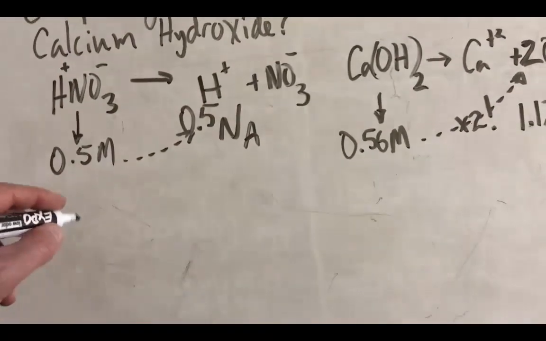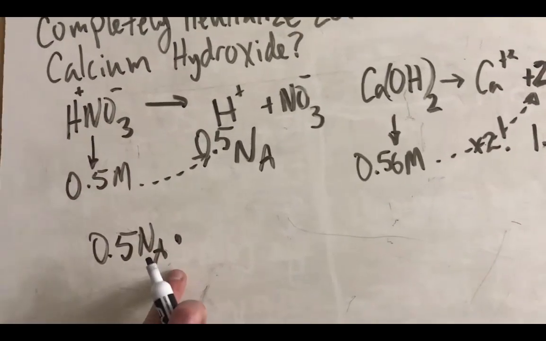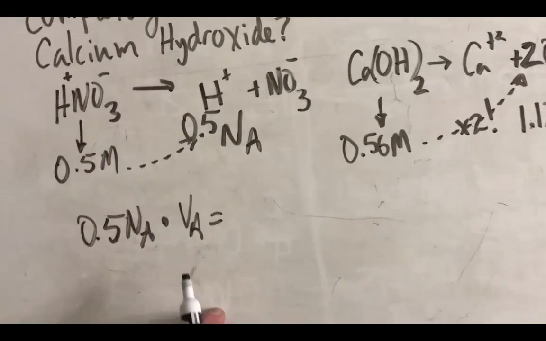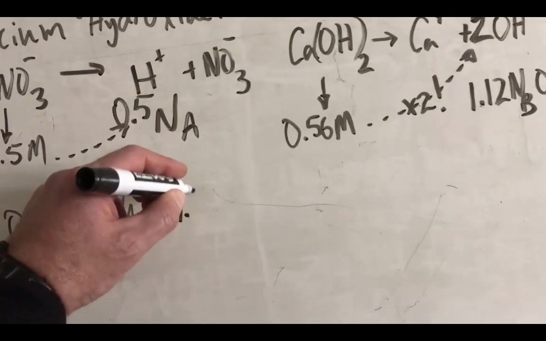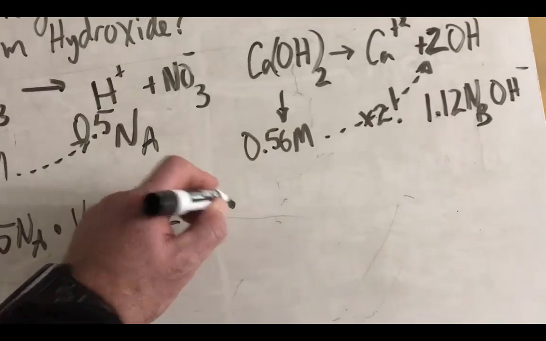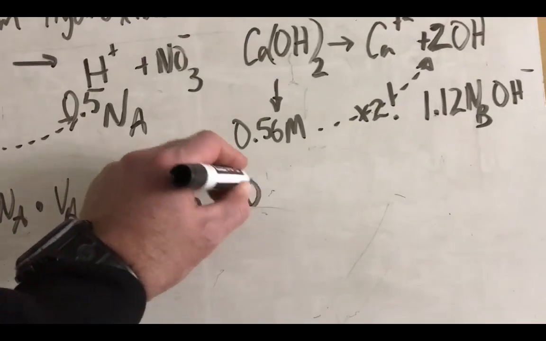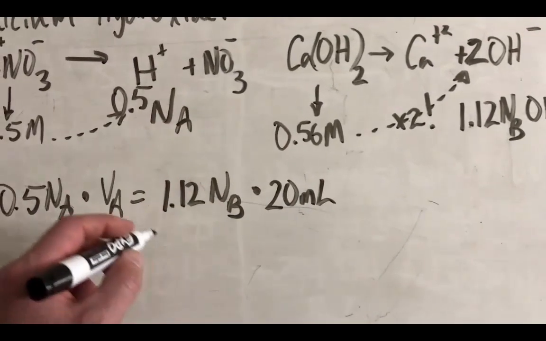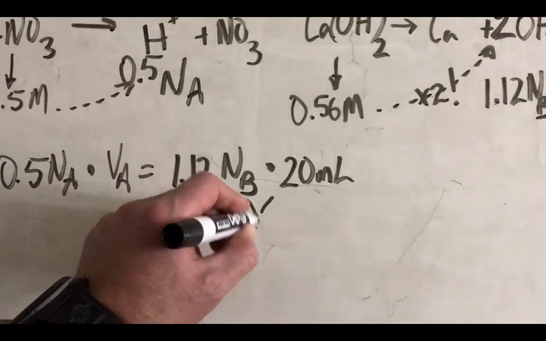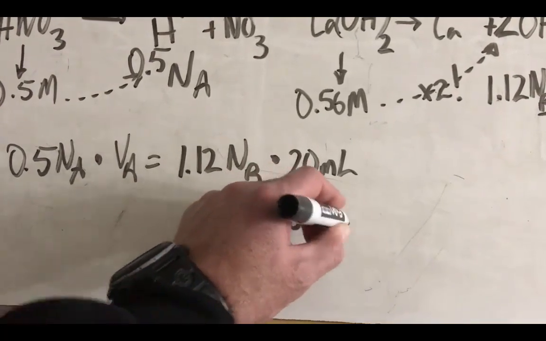So the normality of the acid is 0.5 normal acid times, well, that's the volume, that's what we're solving for, equals 1.12 normal for my base times the volume of my base, which was 20 milliliters. Okay, so these numbers multiplied together is going to be 22.4, and that's normality of the base per milliliter.